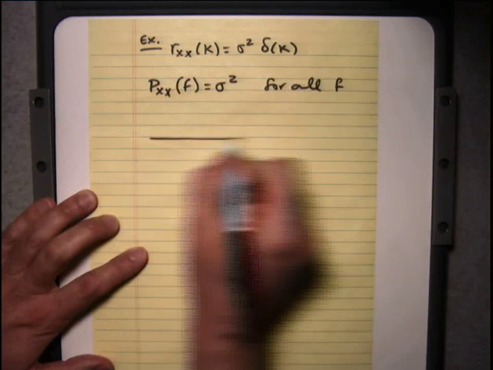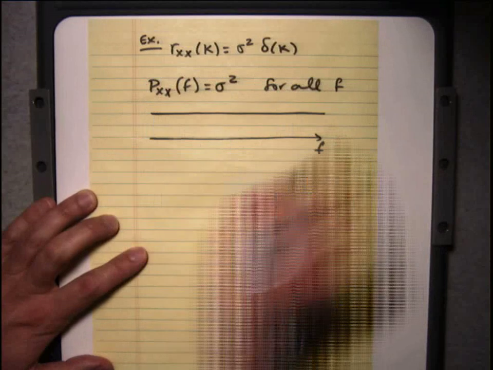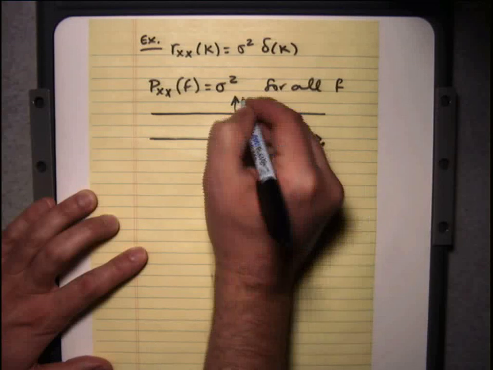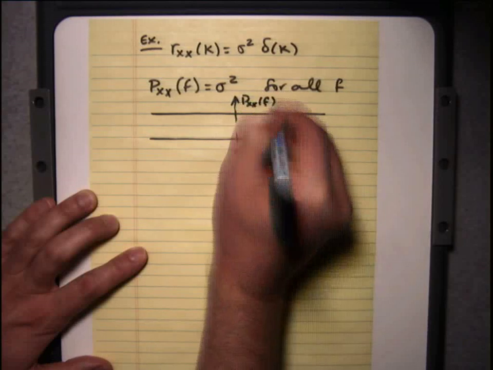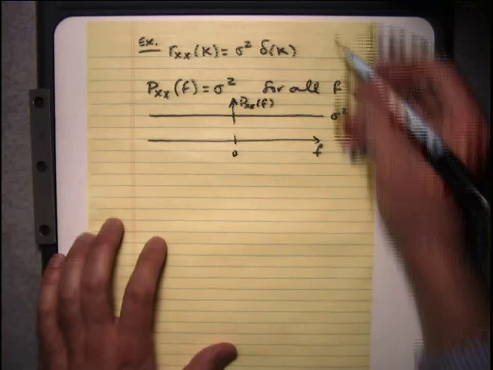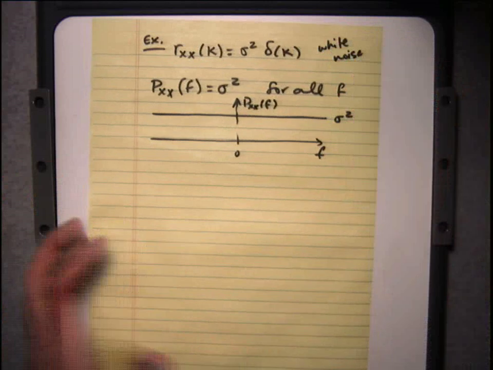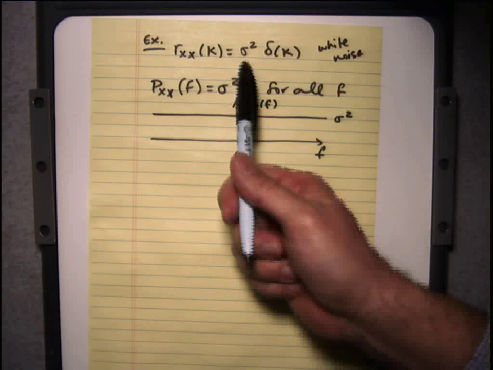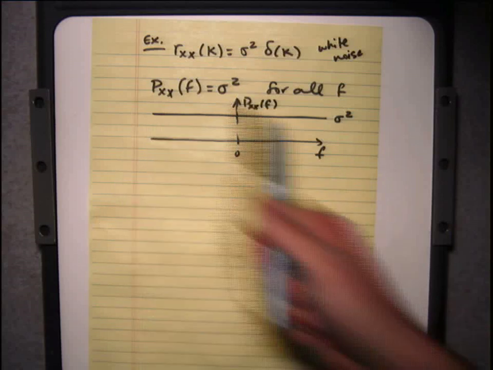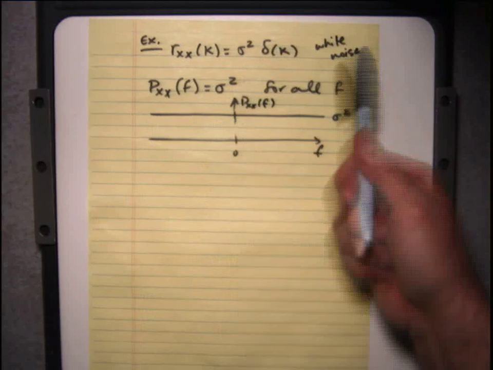So the power spectrum as a function of frequency would look like that, and this height here would be sigma squared. Remember this corresponded to white noise. So the power spectrum of white noise is a constant value, where that constant value is the variance of the random process.